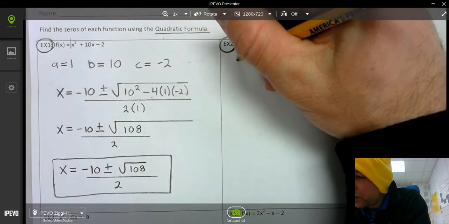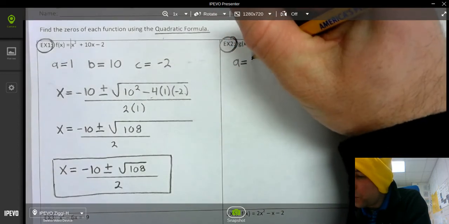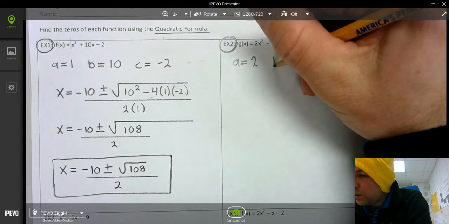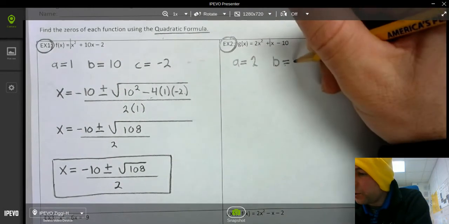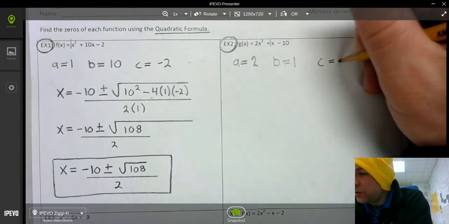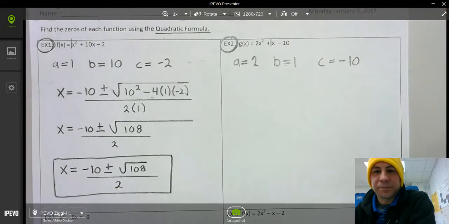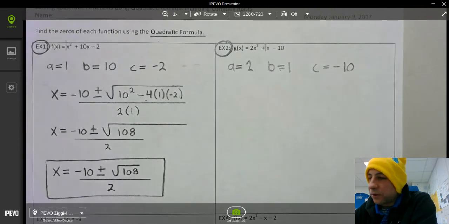So first things first, a equals 2, b equals 1 (if there's not a number in front of x, put a 1), and c equals negative 10. Next thing, you just use the formula.